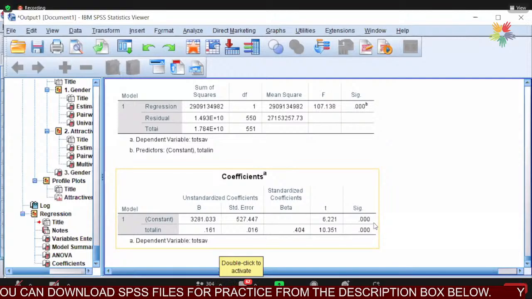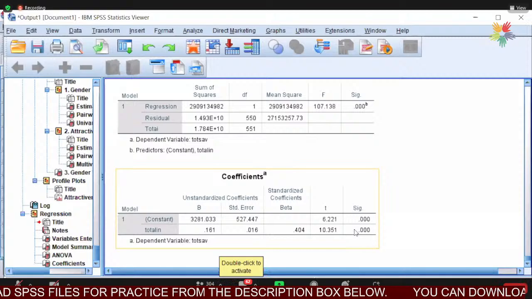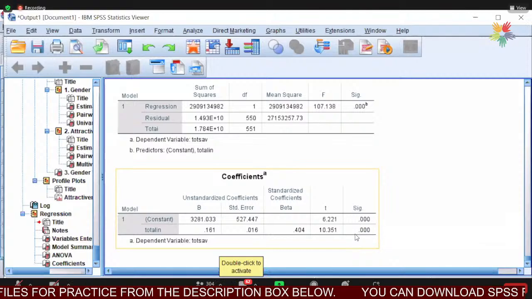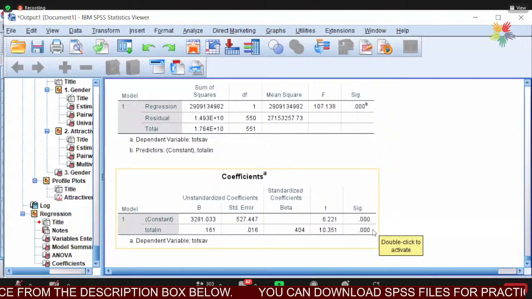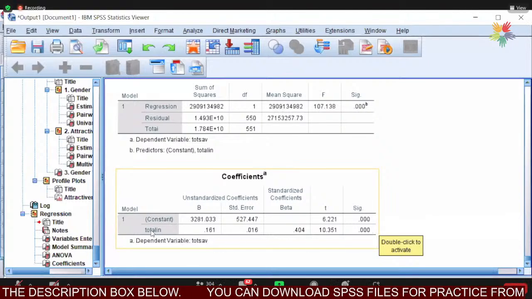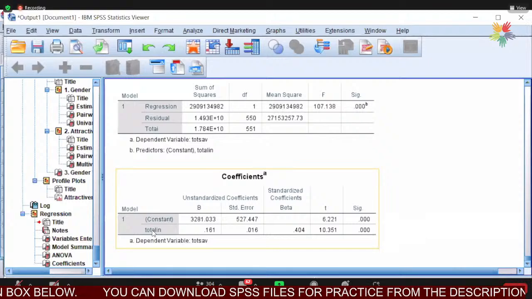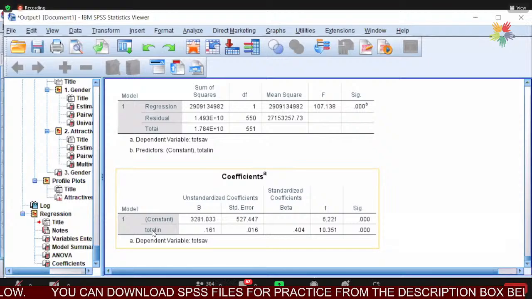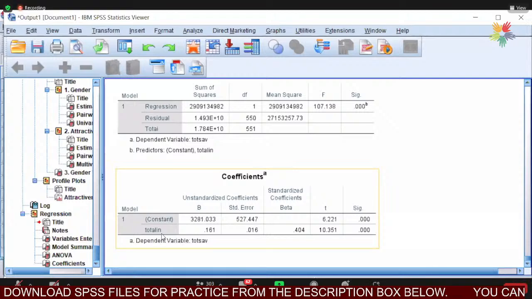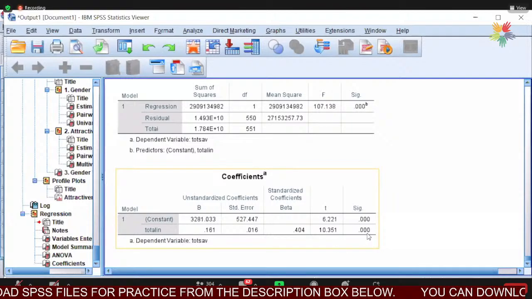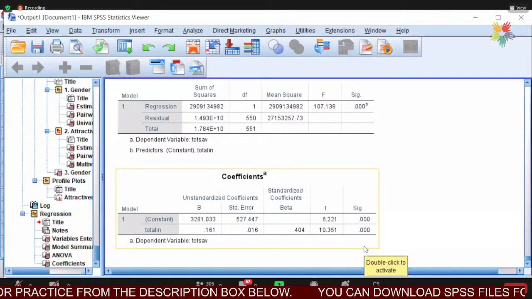Now I'm looking at this significant value. This significant value is less than 0.05. When it is less than 0.05, I can say this variable is influencing my dependent variable. So I can say my income is influencing the saving. That is the first point I can tell.